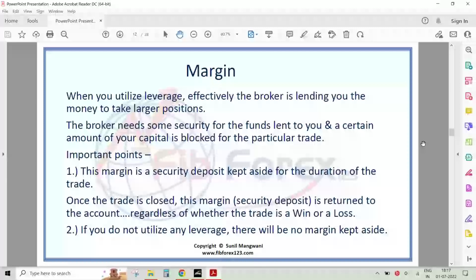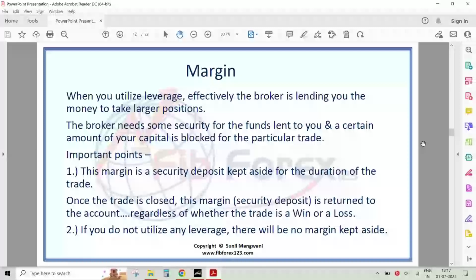So remember, another important point is that whatever leverage is available to you, you can reduce it. Right? If your broker is giving you some leverage, you can say, I don't want it, and the broker has to reduce it. He cannot increase it, as per the laws of the country that he's operating in, because there are certain laws of maximum leverage which a broker is allowed to give to the trader.